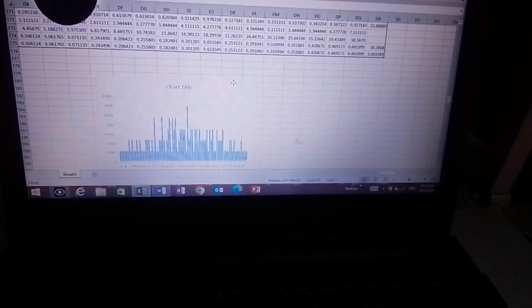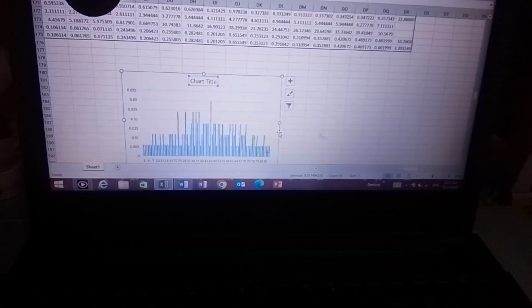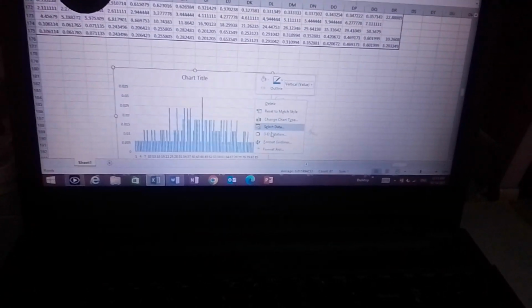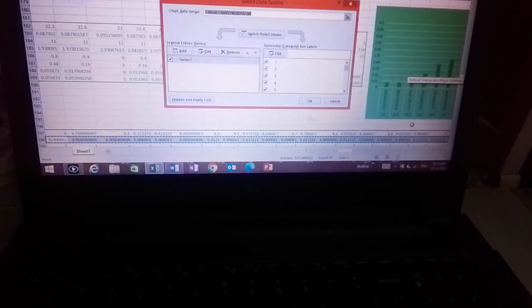So yan, our chart should look like this. Alright? And then our data should be like this, di ba? So when we select the data, it should be from this point.